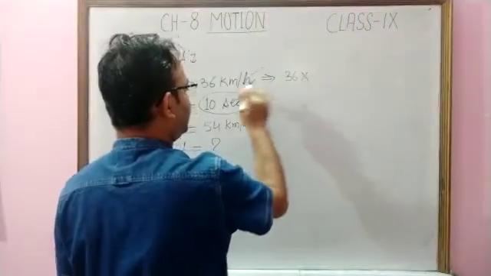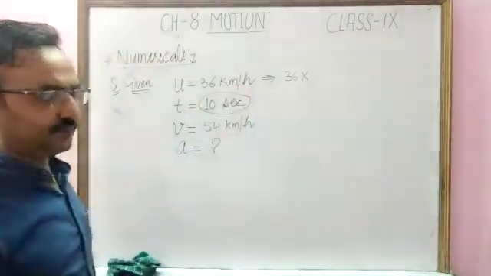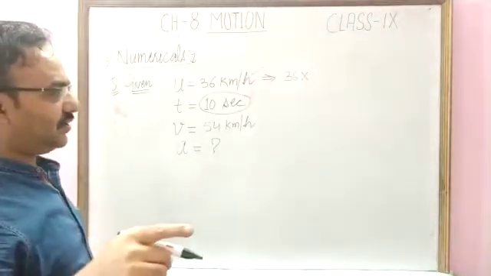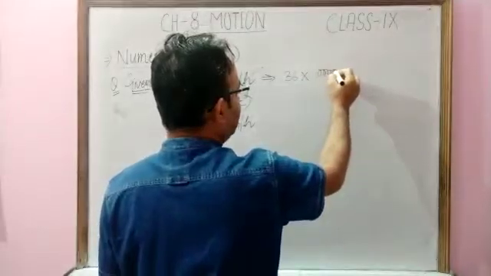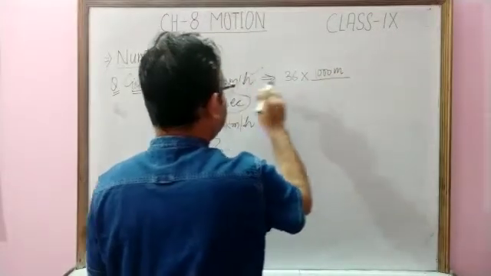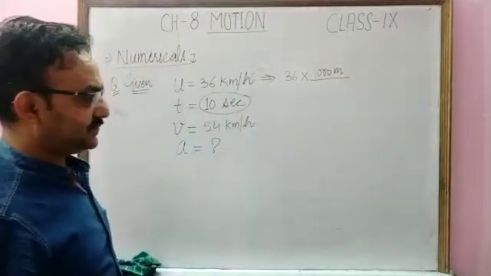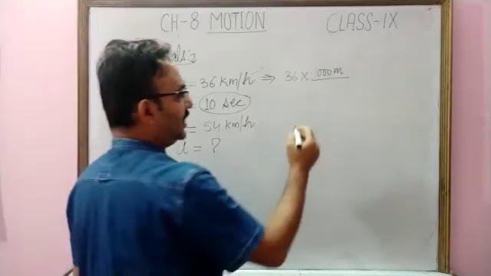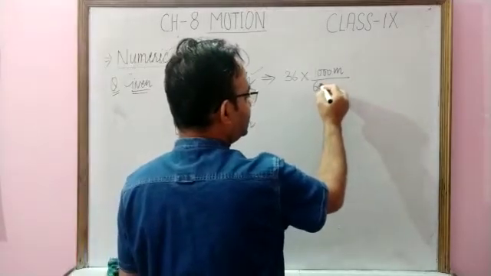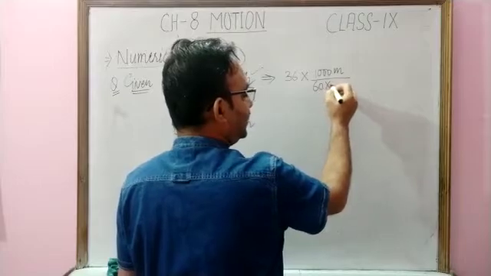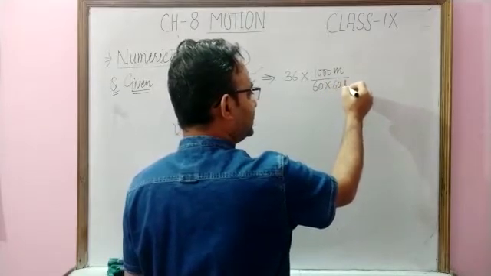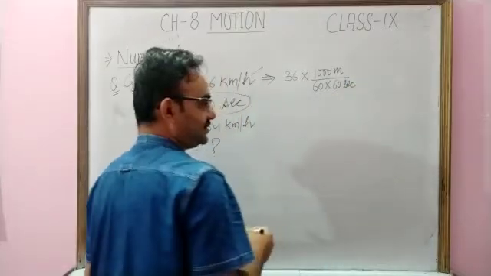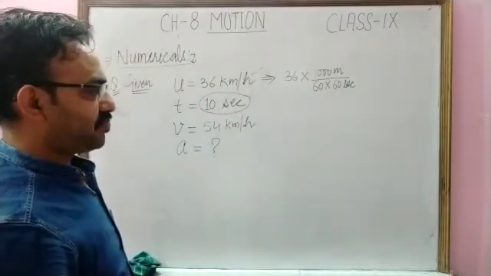36 into 1 kilometer. 1 kilometer, how many meters? 1000 meters. 1 hour in seconds. 1 hour is 60 minutes, and 1 minute is 60 seconds. Is it clear?